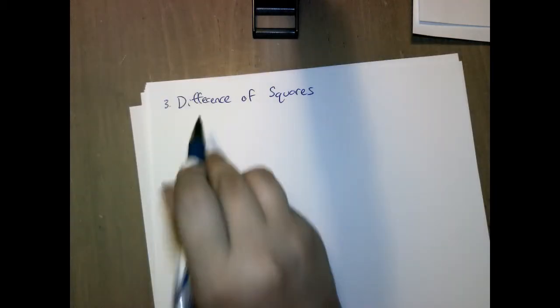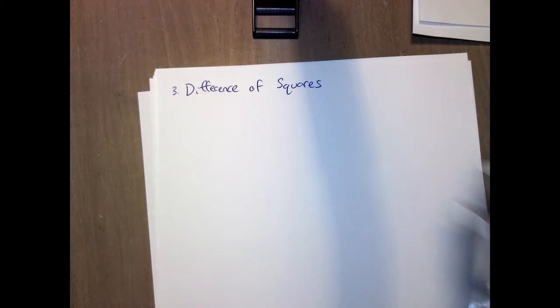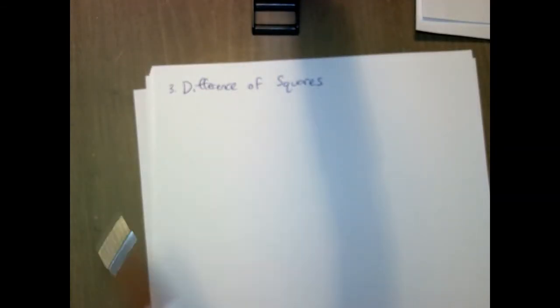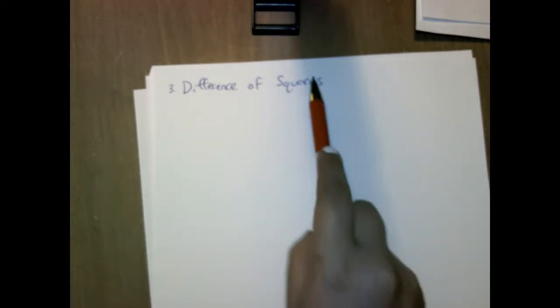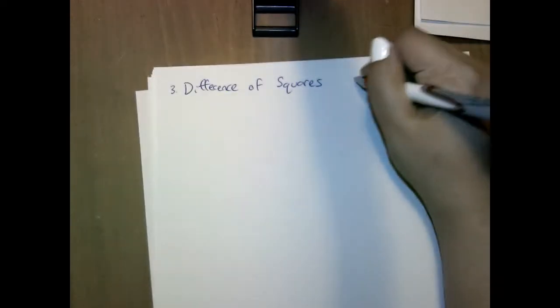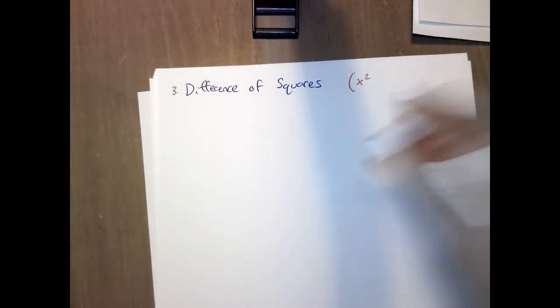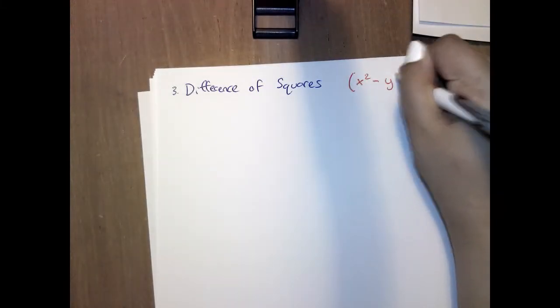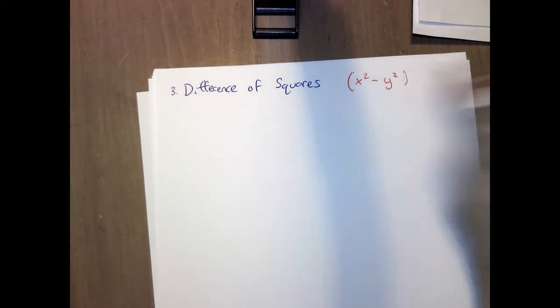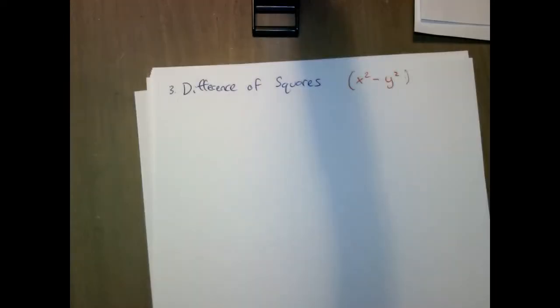So whenever we see this difference over here, that means that we're going to be subtracting, and squares means that we're going to be subtracting two square numbers, right? So the form is we have one number squared minus another number squared, not necessarily x squared and y squared.